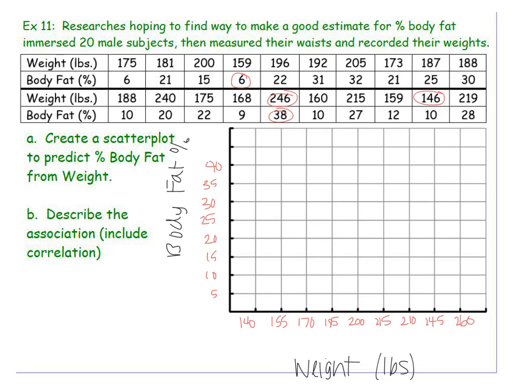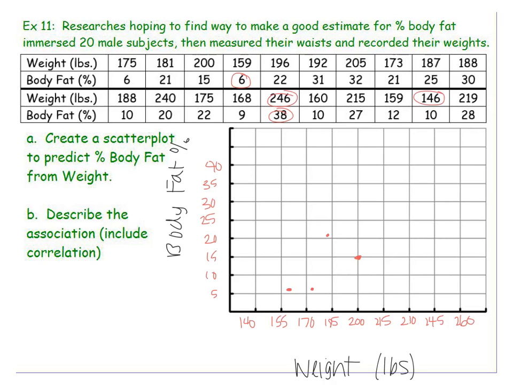So 175, I am at 6, so right about there. 181, I am at 21, so somewhere right around there. At 200, I am at 15. At 159, I am at 6.